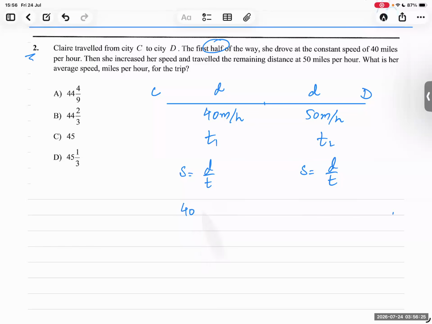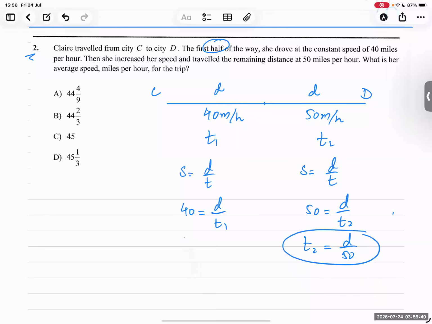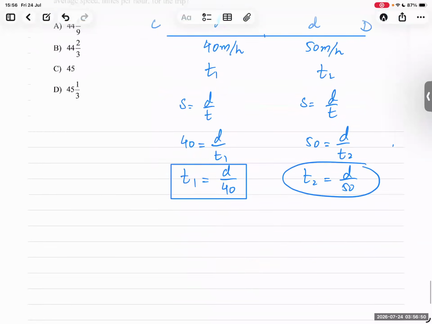So 40 is equal to D divided by T1, and 50 is equal to D divided by T2. So T2 would be D divided by 50 and T1 is going to be D divided by 40. That is the total time, right?